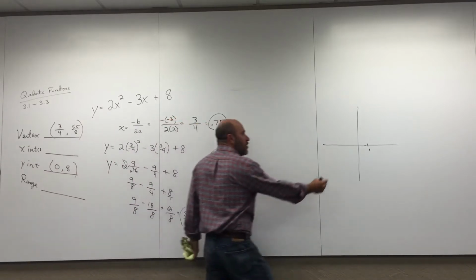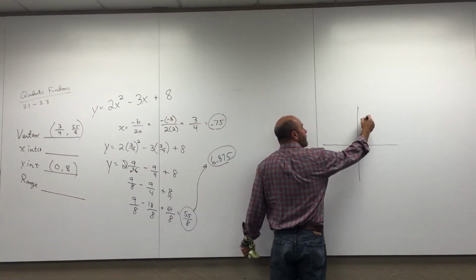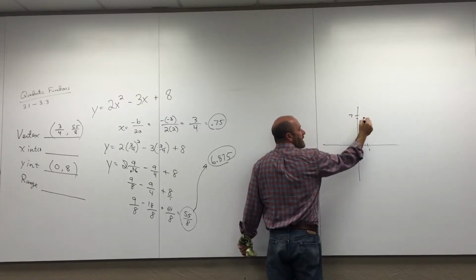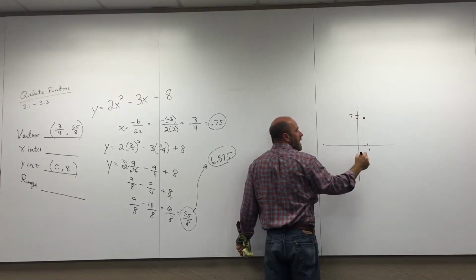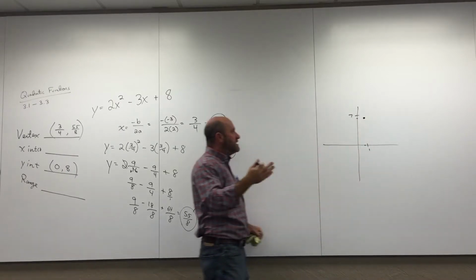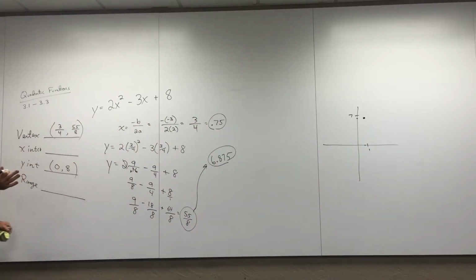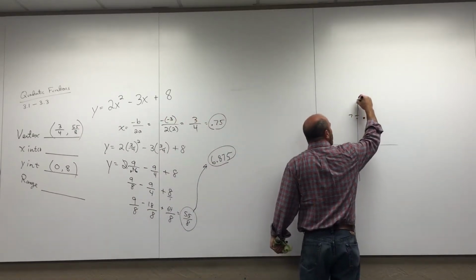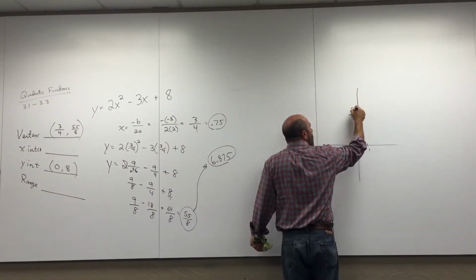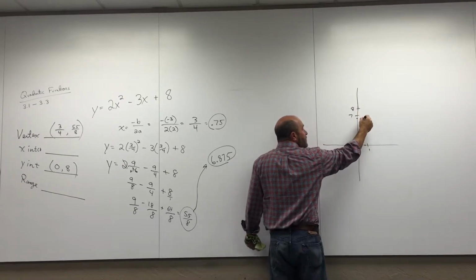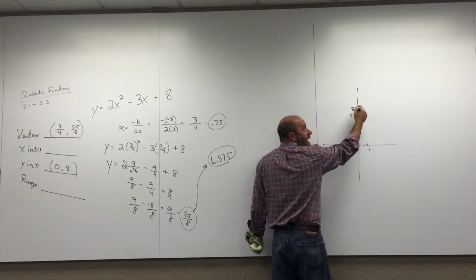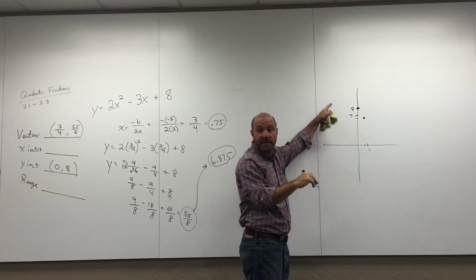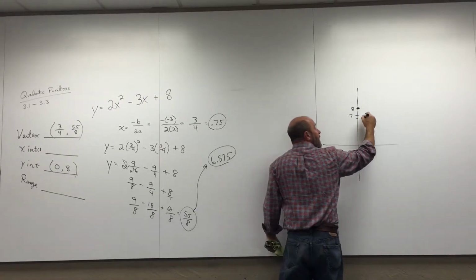I'll go up 6.875, right about there. I'll call that a 7. What was the y-intercept? 8. That's kind of interesting. Does this parabola open up or does it open down? So here's the vertex. It goes through that y-intercept, and you guys just told me it opens up, which makes sense. If that's the vertex and that's the y-intercept, I think I'll try to draw this.